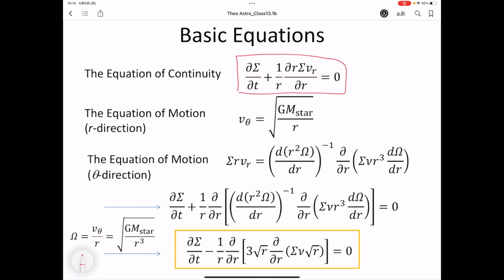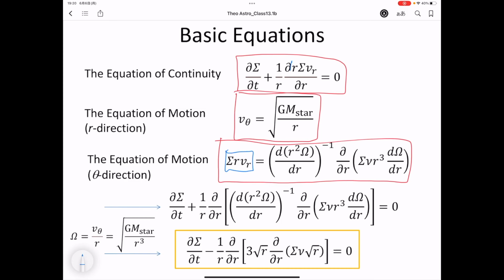If you solve the equation of motion in the r direction, you will have the Keplerian velocity. And from the equation of motion in the theta direction, the circular direction, as I showed you in the last slide, sigma r v sub r is expressed in this equation. Sigma r v sub r appears in the equation of continuity. Then you can substitute these terms here.